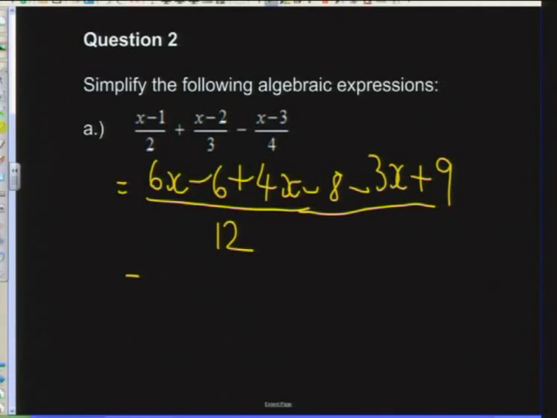All right, so we now have 6 and 4 is 10. 10 minus 3 is 7. And I've got minus 6 minus 8, or 9, is 1. And that is minus 5 over 12. So when everything is in 12ths, I can now add.